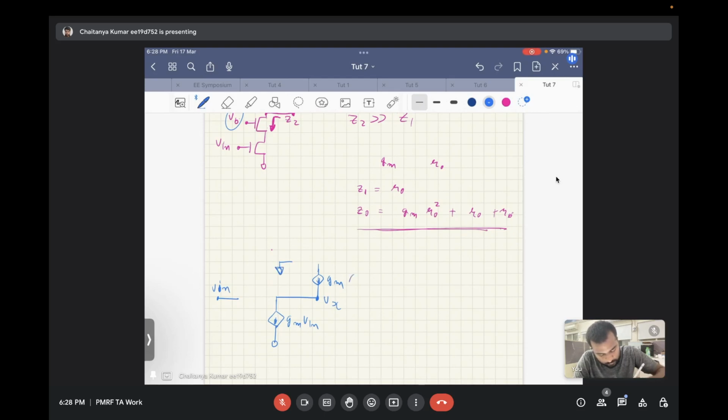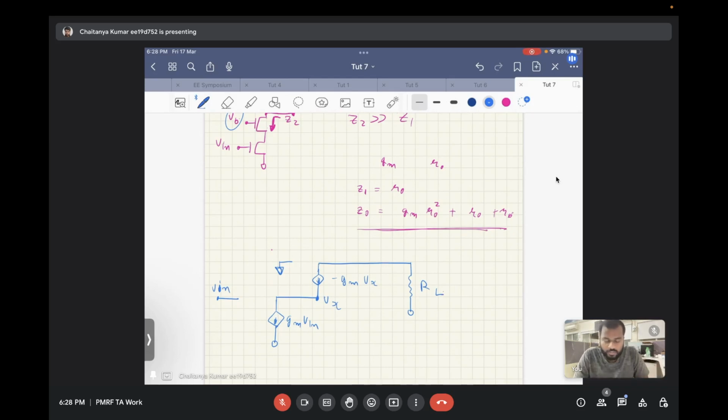So this is Gm times 0 minus Vx, and this can be written as minus Gm times Vx. Okay, and then we have this resistance RL.